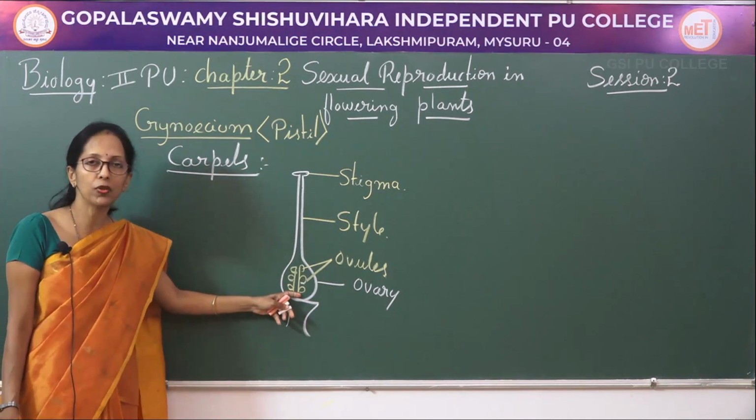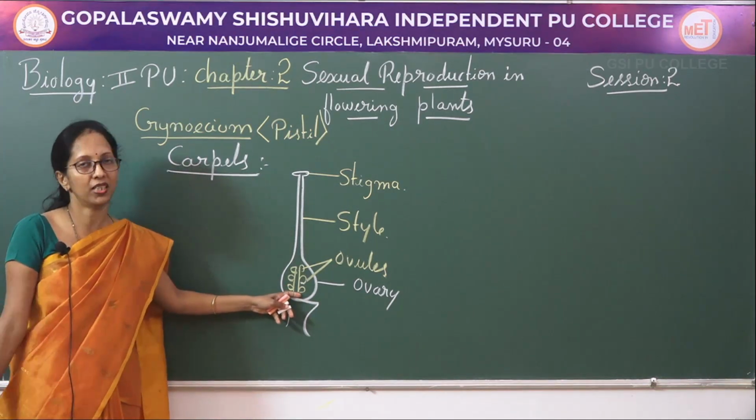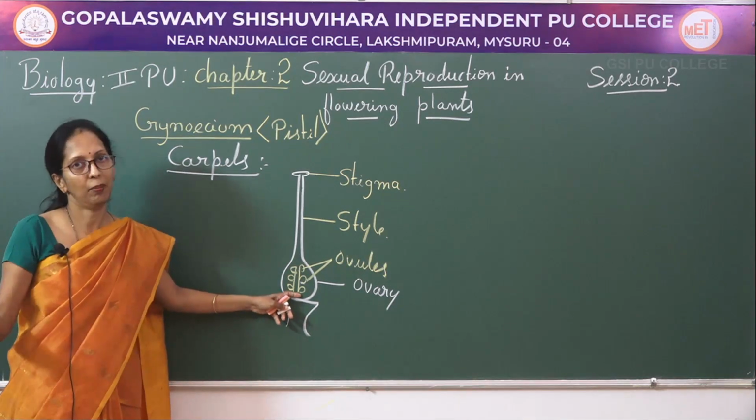The number of ovules inside the ovary always varies. It may be 1 to many.